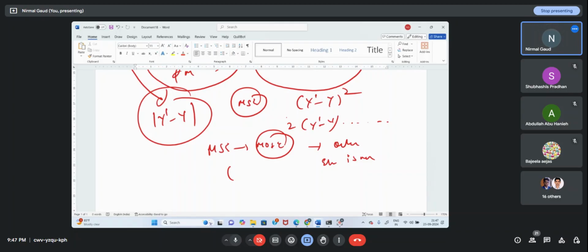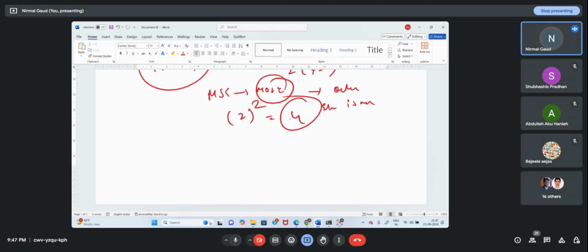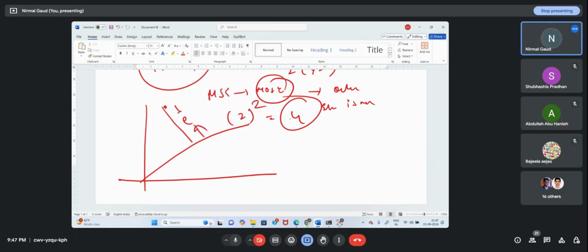For example, if the error is 2, squared it becomes 4. If outliers are very far away from the line, say this is your actual line and this is one of the points, and you calculate the error and square it, it will be a much higher value. So we are not preferring MSE in this case.